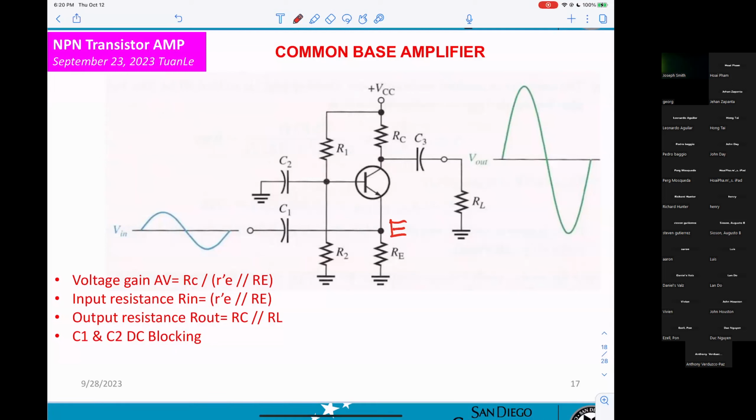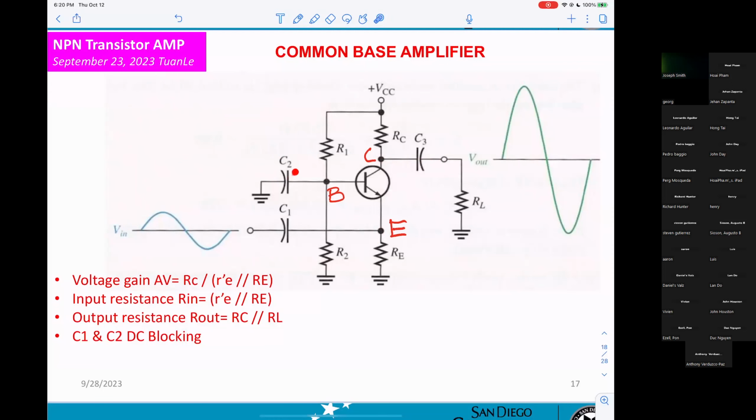This is the collector. This will be the base. Input here is applied to the emitter, and output will be from the collector. Okay? That is how you know this is a common base.